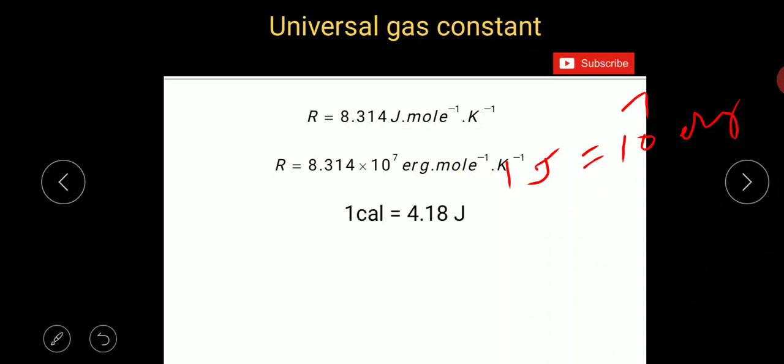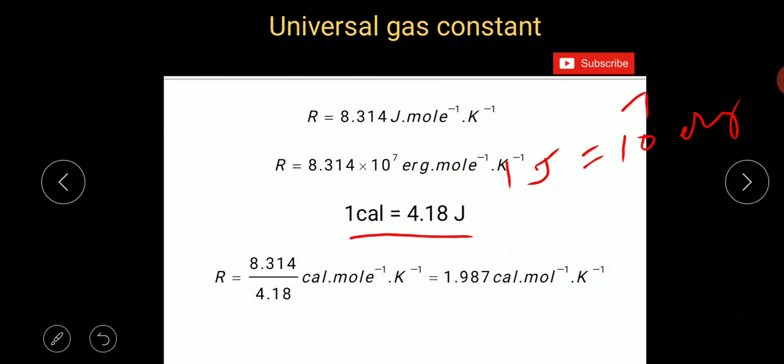And we have another relation, 1 calorie is equal to 4.18 joules, or joule can be replaced by 1 by 4.18 calories. So substitute that joule by 1 by 4.18 calories.